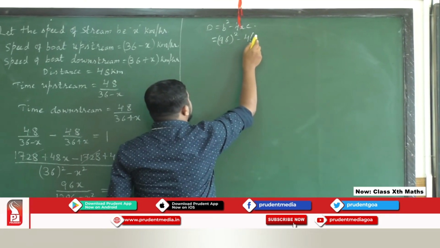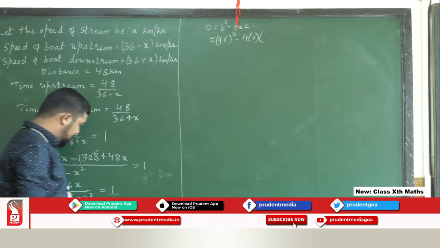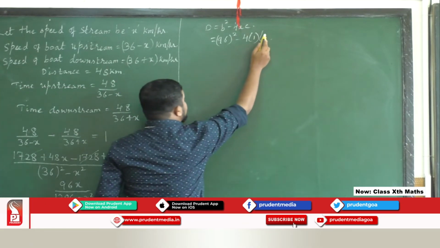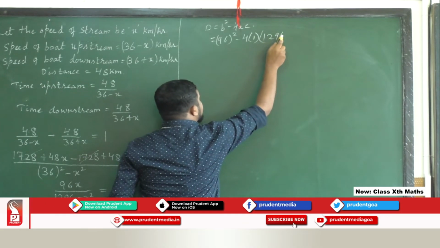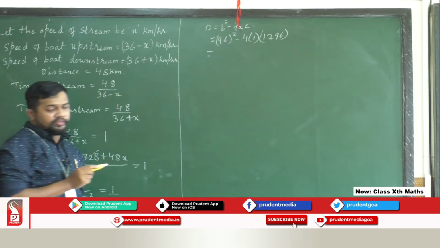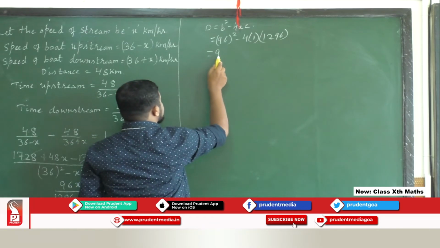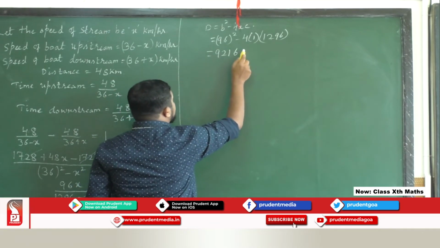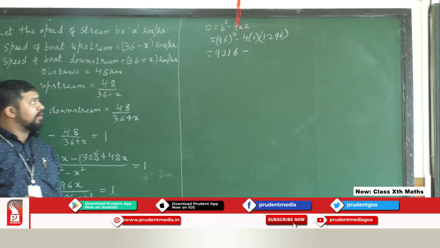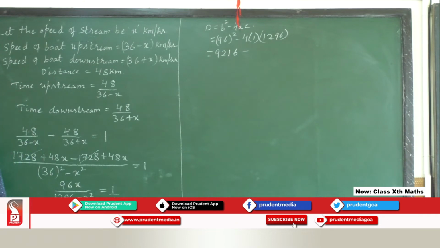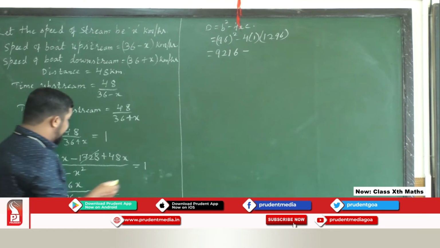So D is 96 square minus 4AC, that is 1296. Let us find 96 square. So 96 square will be 9216 minus 4 into minus 1296.